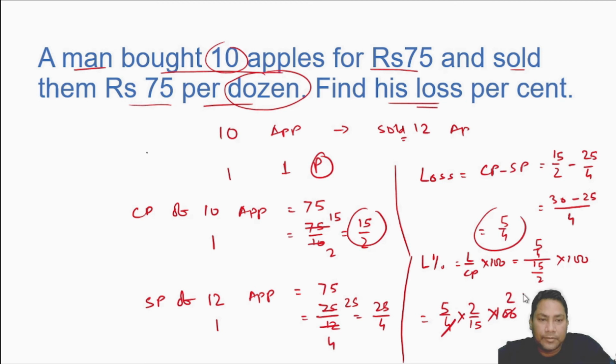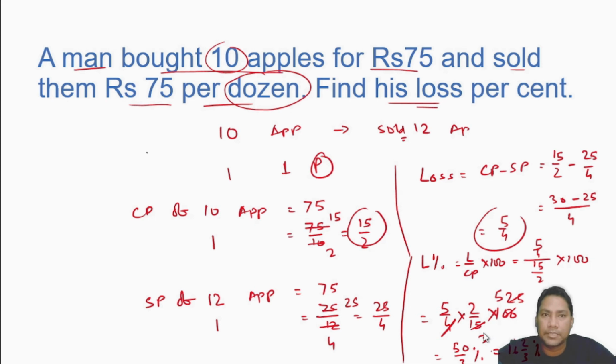Simplifying, this will become 50 by 3%. This will become 16 2 by 3%. So the loss will be 16 2 by 3 percent.